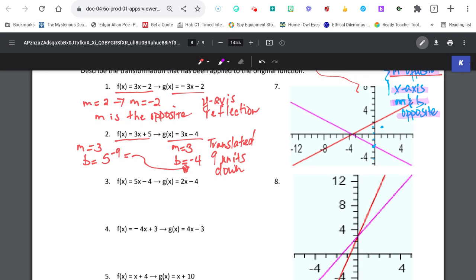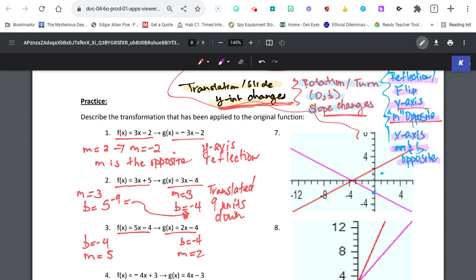Let's take a look at 3. f of x equals 5x minus 4 and g of x equals 2x minus 4. Well, the b is the same in both. But here, the slope has changed, and not to its opposite, but it just changed in numerical value.